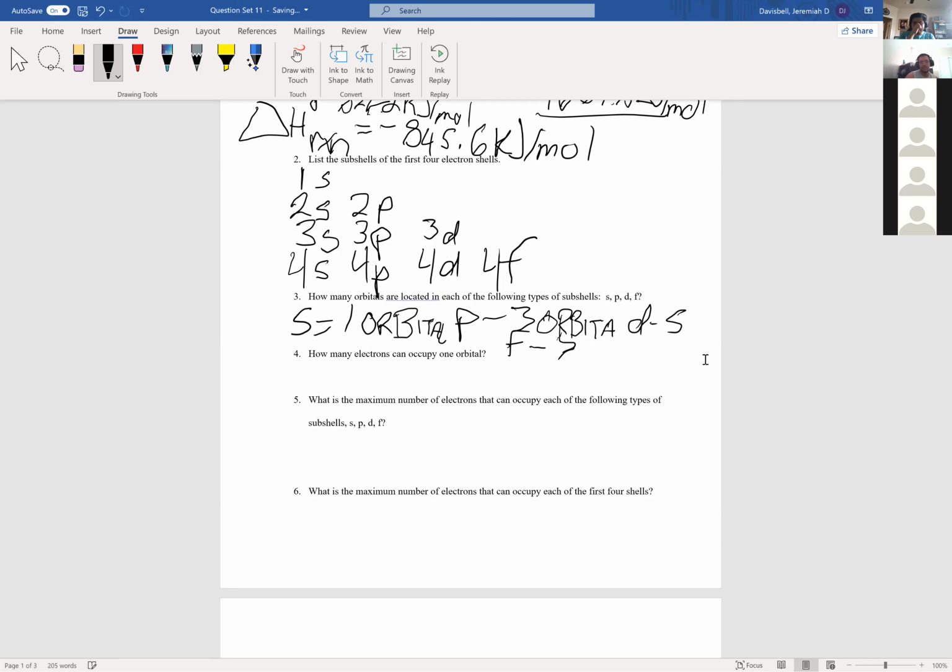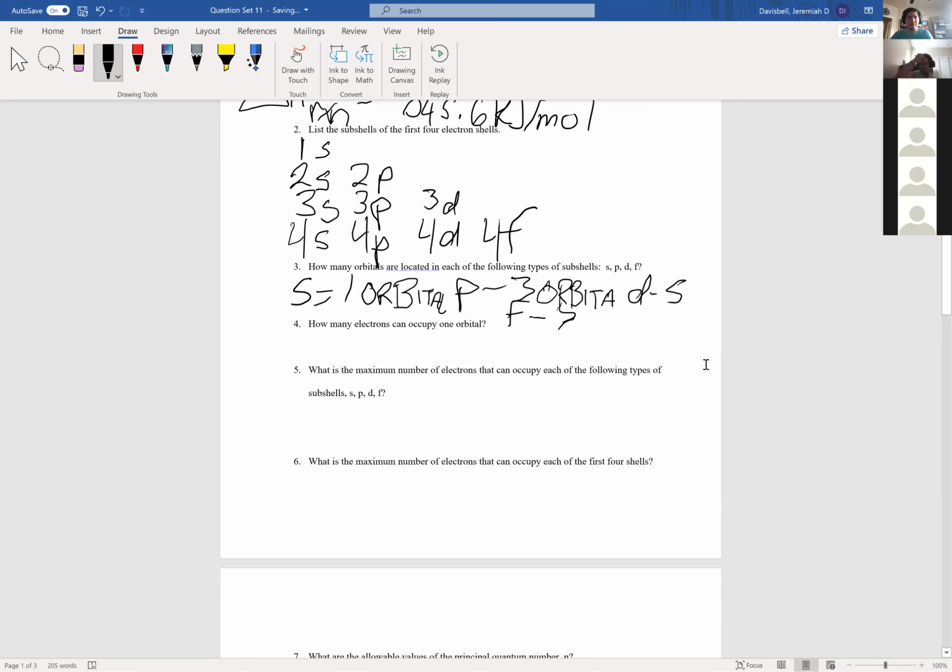Since we were able to answer 3 pretty easily, what do you think is the answer for number 4? Is it 2? Yeah, it's 2. Honestly, I feel like this one should have been put before number 3, but we got through it. So, number 5, what is the maximum number of electrons that can occupy each of the following types of subshells?